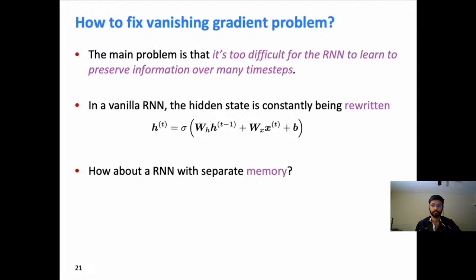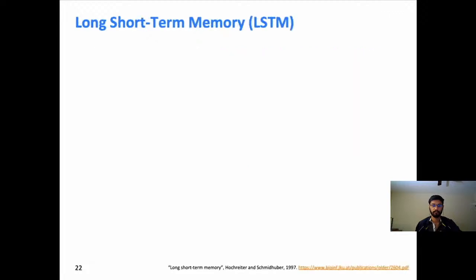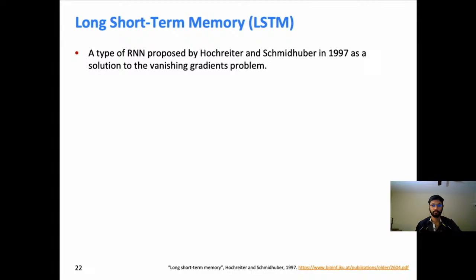This is the motivating idea behind LSTMs, or long short-term memory RNNs. An LSTM is a type of RNN, proposed back in 1997 as an explicit solution to the vanishing gradients problem. One of the main differences is that on each step t, instead of just having a hidden state ht, we have both a hidden state ht and a cell state, which we denote ct.